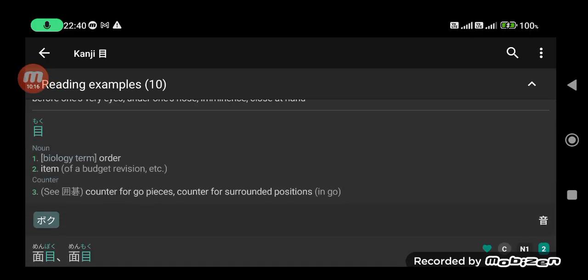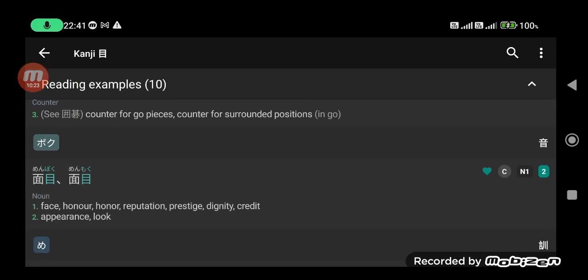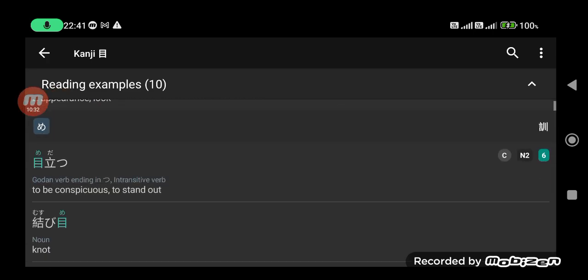And moku, in biology terms, is order, or rather taxonomy. We all know that menboku is a JLPT N1 vocabulary, meaning face, honor, dignity, prestige. Menboku. About this medatsu, it's also a high level vocabulary, meaning to be conspicuous, to stand out, and it is an intransitive verb. Medatsu.